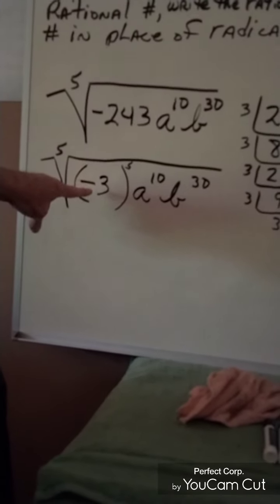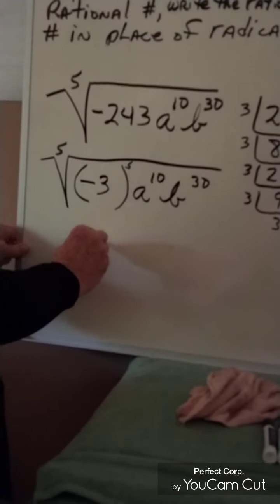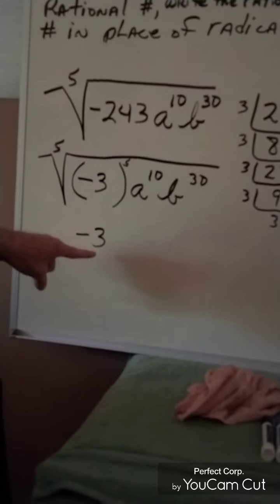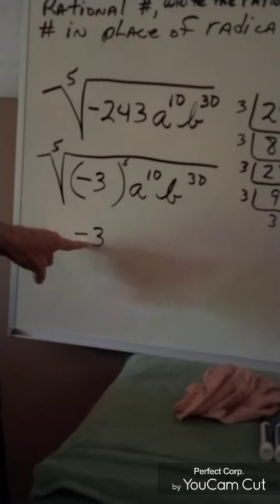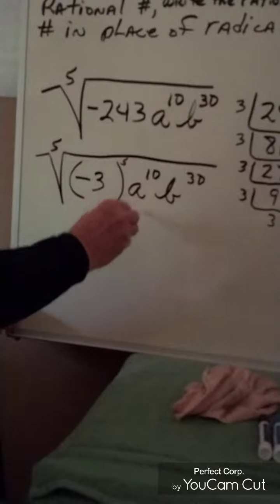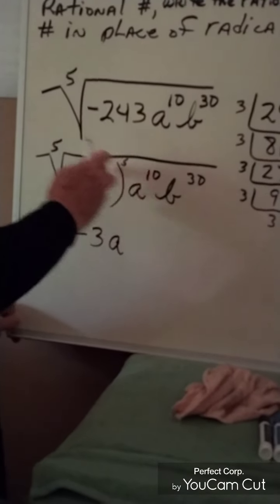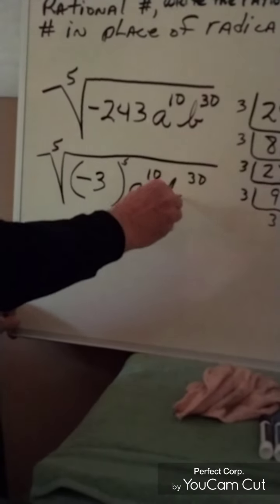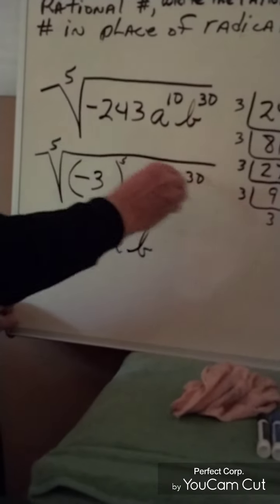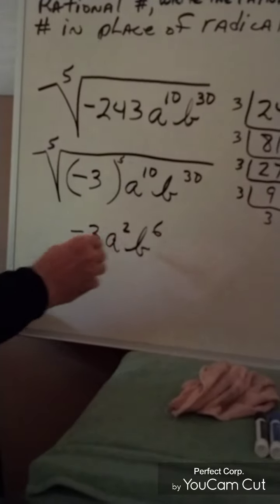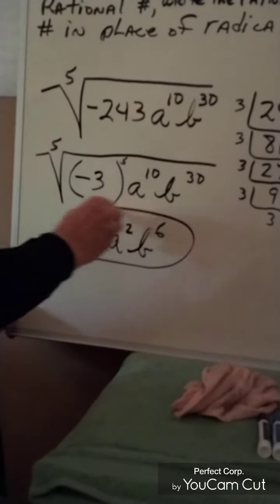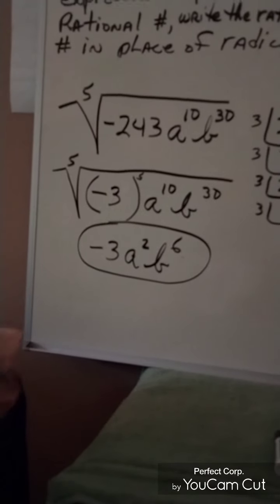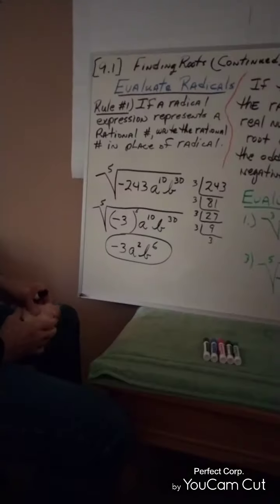Bring down that base of negative 3 and divide that 5 by 5 and we'll get 1, or just simply leave it negative 3. a, 10 divided by 5, a squared. b, bring it down, 30 divided by 5, b to the 6th, done. I think prime factorization can help. That's why we're sharing it.